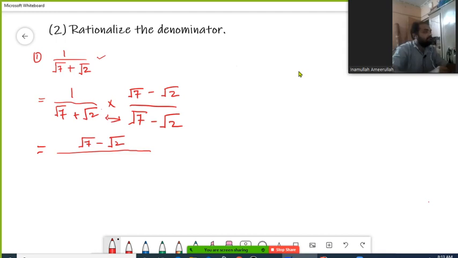So it looks like root 7 plus root 2 into root 7 minus root 2. So can I say it looks like a plus b, a minus b?